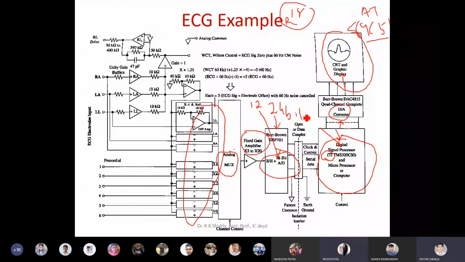But that depends on what purpose you need it for. Accordingly, the number of bits changes. This is one of the examples. They can go up to 24. They can go up to 32 bits of ADC also. Still, they are coming out with 32-bit ADC in ECG. So they keep on trying. They are coming out with a newer version as and when it is needed by the medical industry.